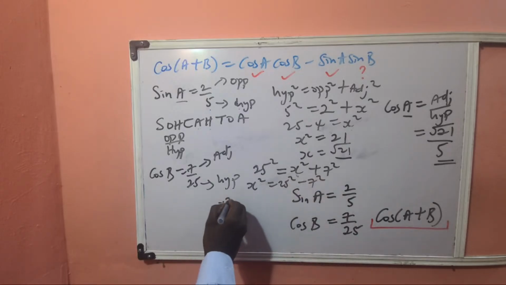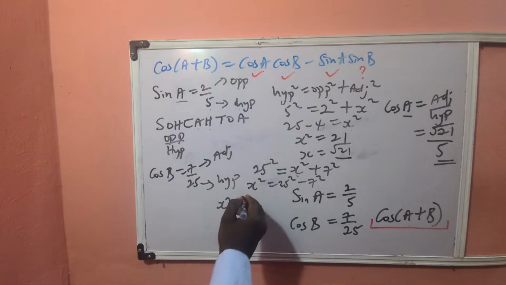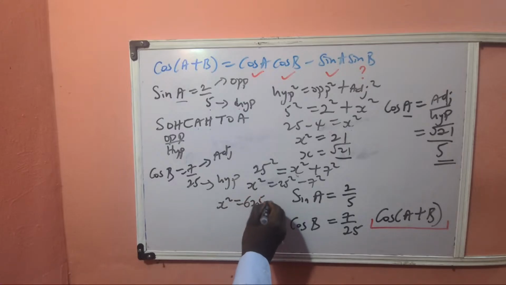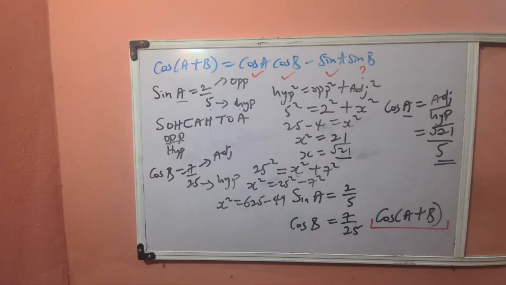So my x squared is equal to 25 squared is 625 minus 49. Obviously, this will give me 576. And the square root of that answer gives me 24.